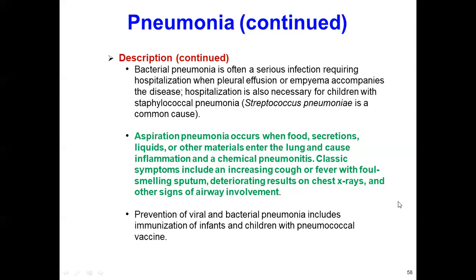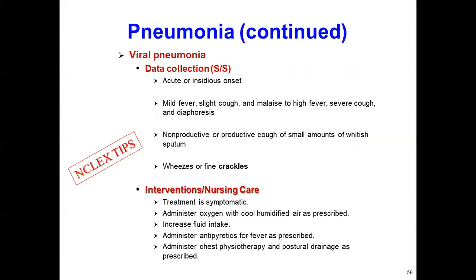The classical symptoms include increasing cough and fever with foul-smelling sputum, deteriorating results on chest X-ray, and other signs of airway involvement. The most common signs and symptoms: the patient develops fever. In data collection, the patient presents with fever or shortness of breath, which we call dyspnea, pleuritic pain, or productive cough.